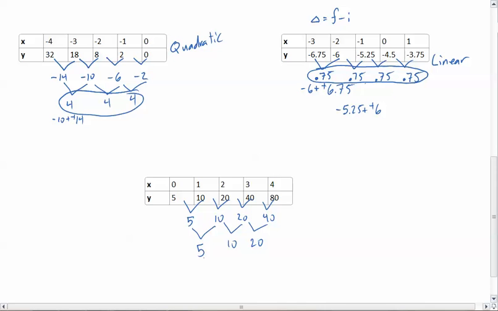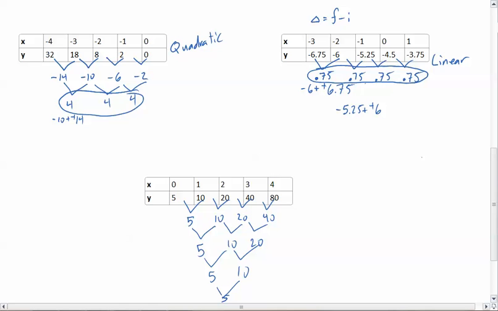You will see that there is some type of pattern going on, but it's not a constant. This one we would expect again to be 5. So yes, there is a pattern, but it's not a constant difference.